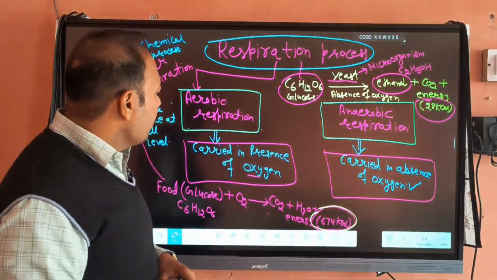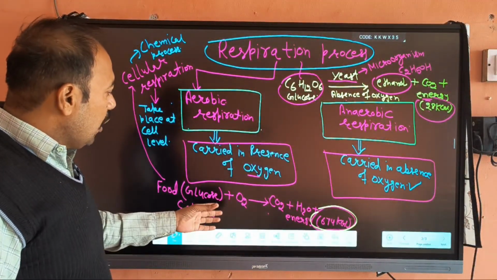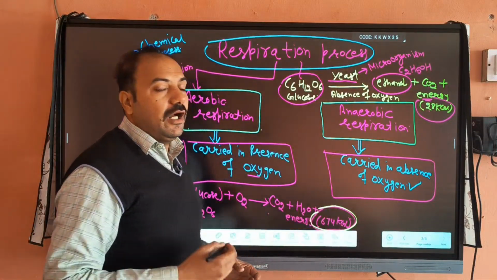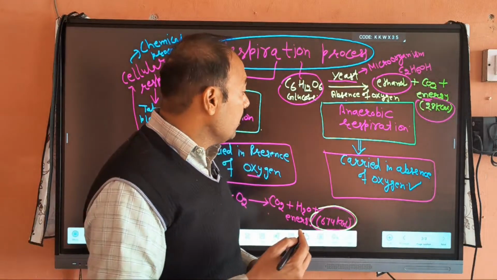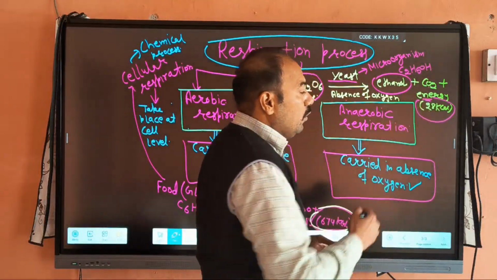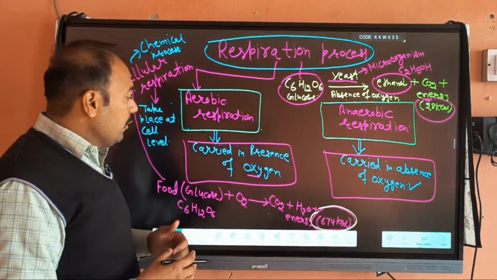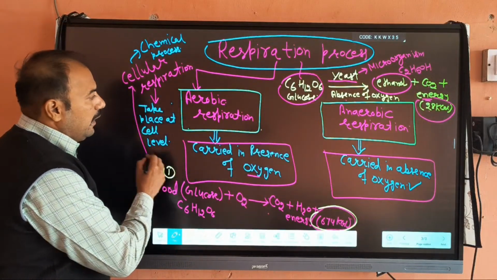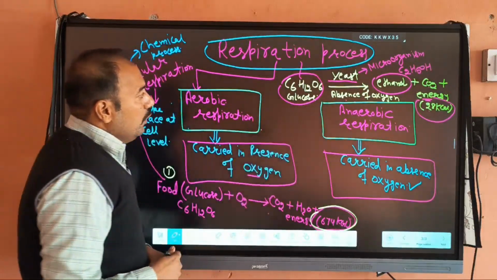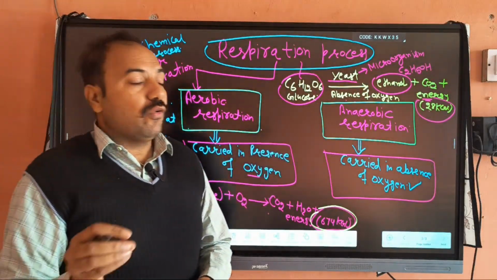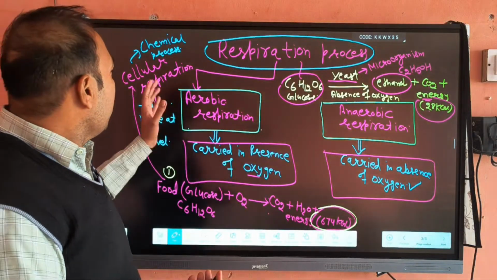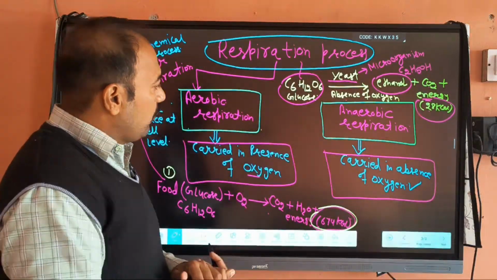Third, how much energy is produced in aerobic respiration? 674 calories. And in anaerobic? 28 calories. The fourth point, you can write these equations. So at least we can write 4 or 5 points differentiating aerobic and anaerobic respiration.